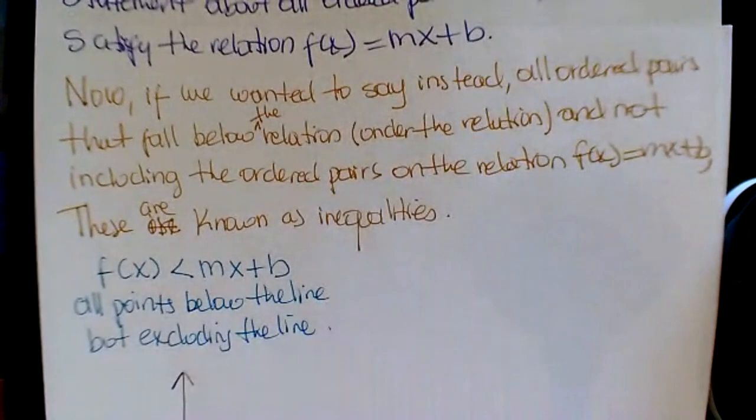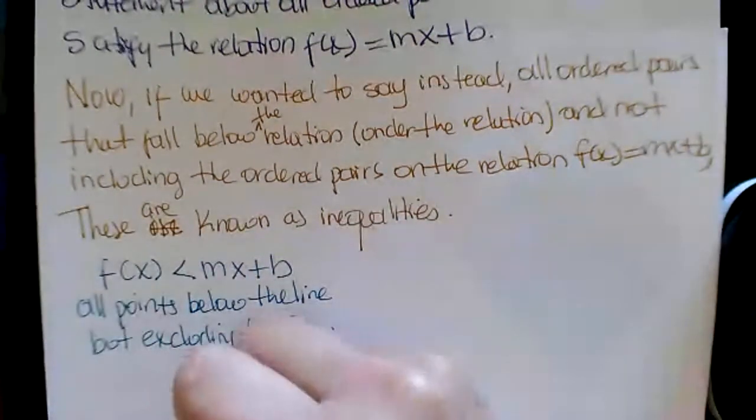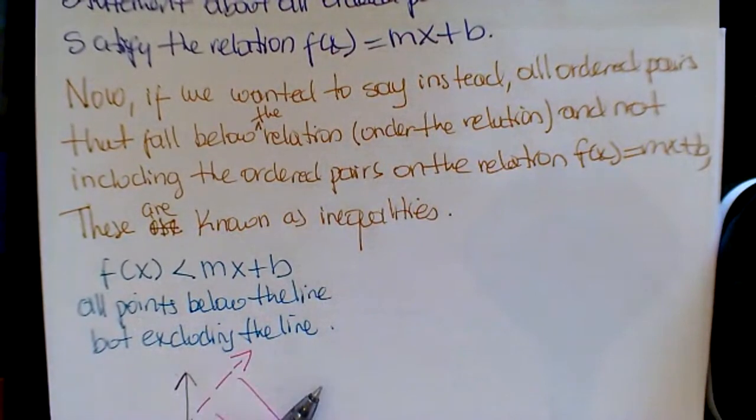It's going to be something like this. So it's all of the points below the line, you see them? And it's not including the line. So that's why we do the dash, okay?